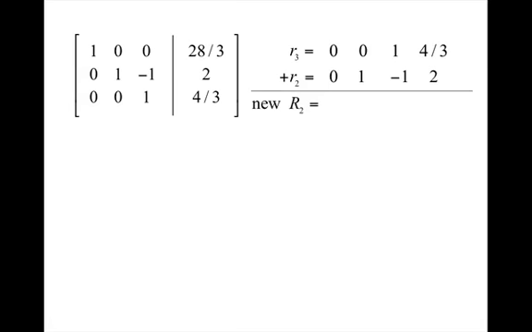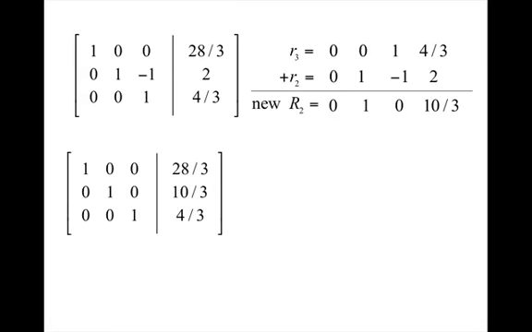This is going to become my new row 2. So my new row 2, 0 plus 0 is 0. 0 plus 1 is 1. 1 minus 1 is 0, and 4/3 plus 2 is 10/3. So change row 2, but keep rows 1 and 3 the same.